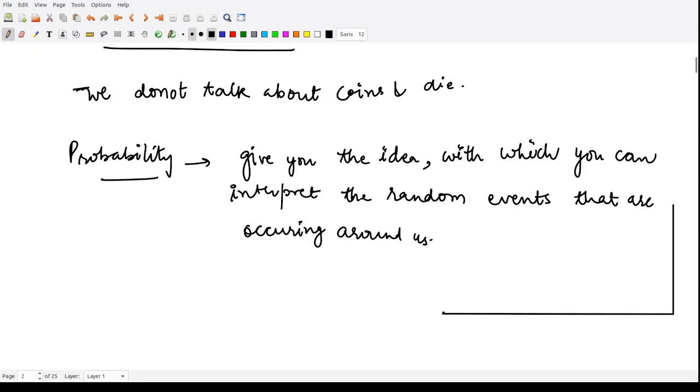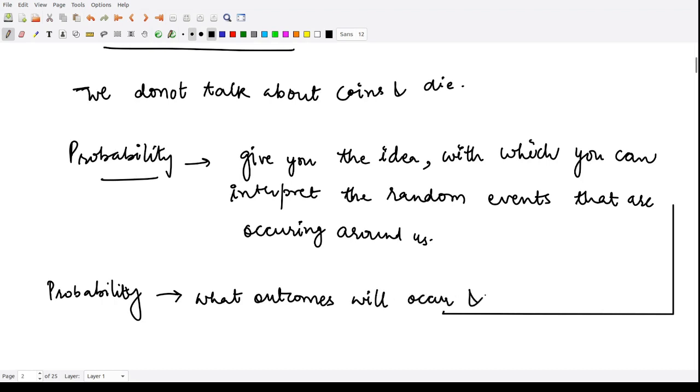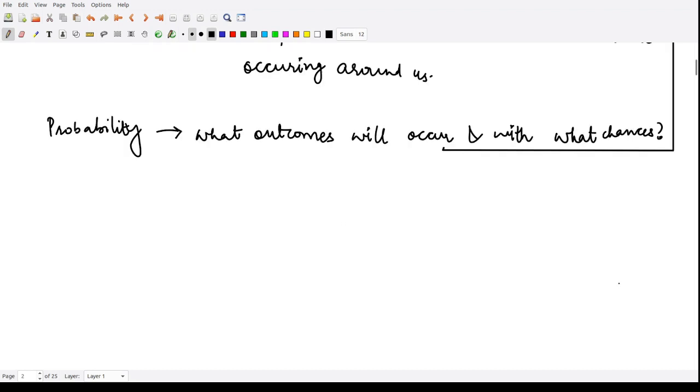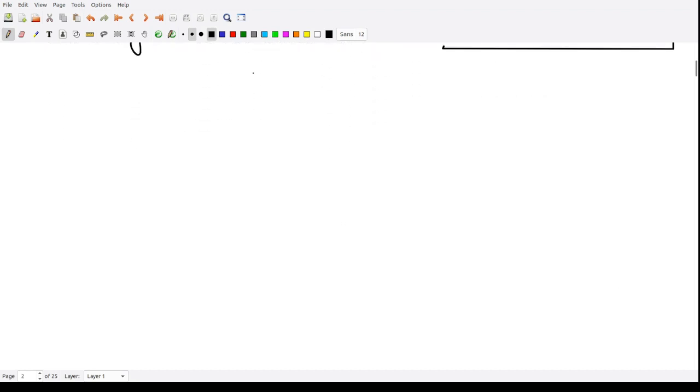So therefore, using this probability, we can say what outcome will occur and with what chances. So we can also see certain examples here. So let me give you certain examples.